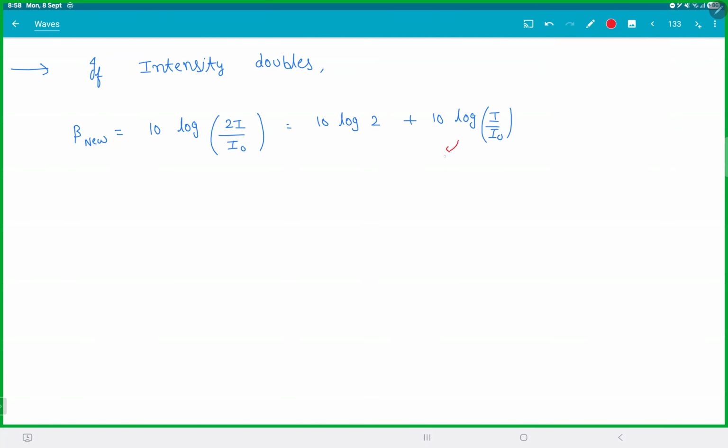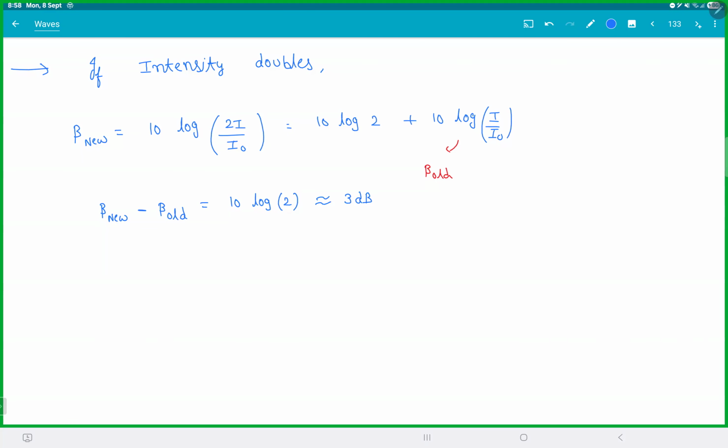This will be your old beta. So the difference is 10 log 2, which is approximately 3 decibels.